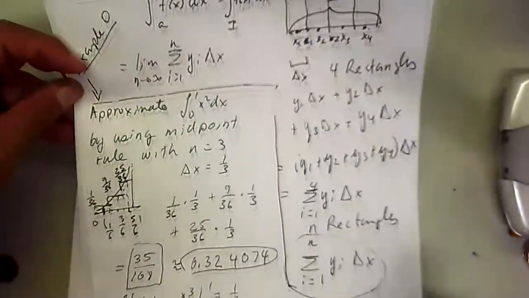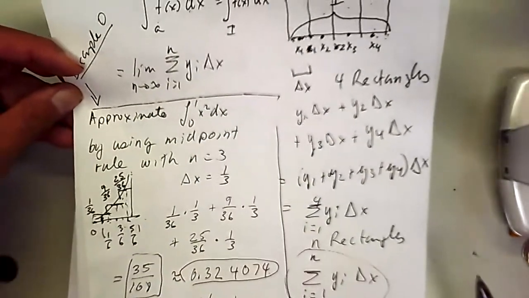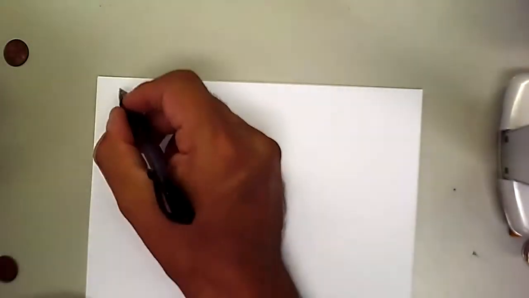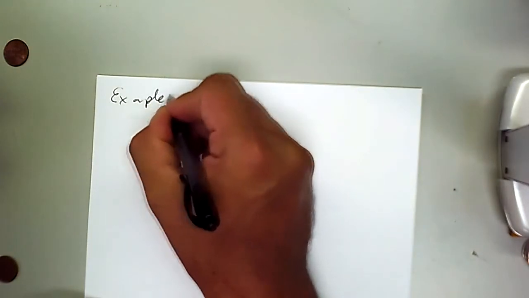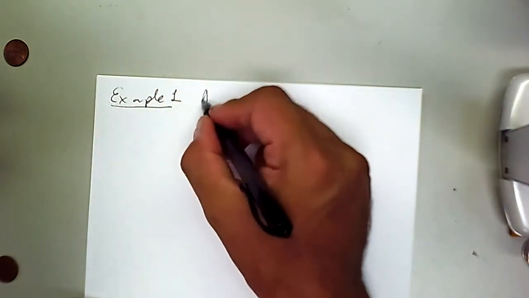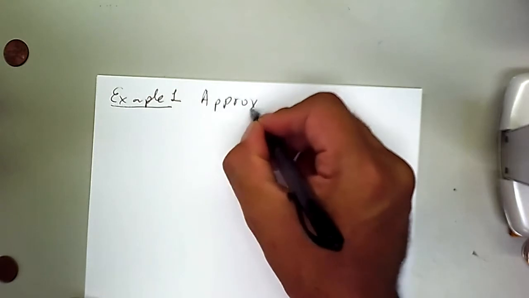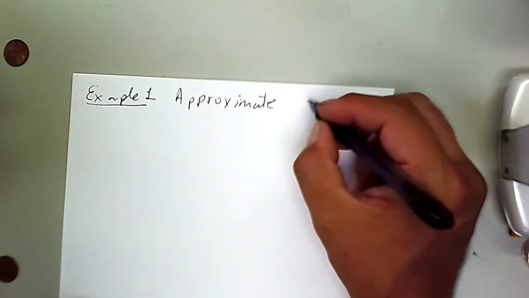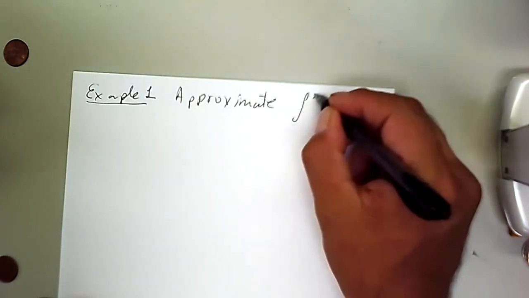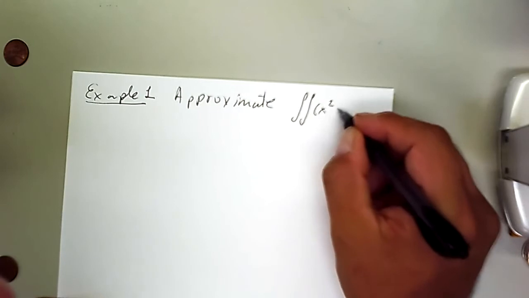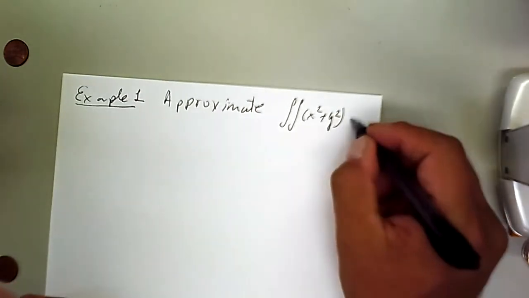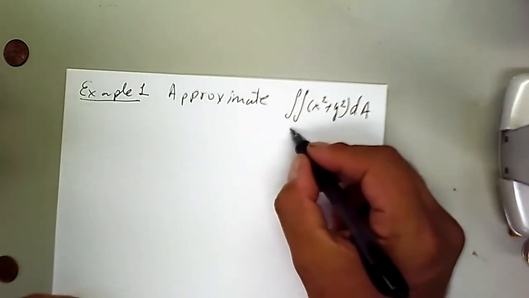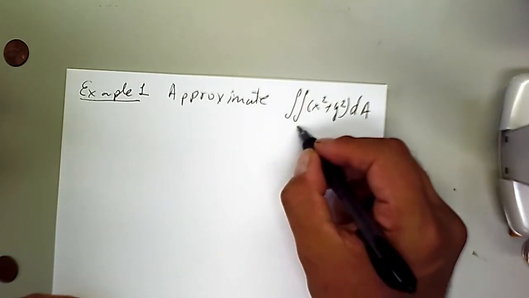Now, our example 0 was an approximation of this. We are going to do an approximation as an example 1. It is going to be an approximation of the double integral of x squared plus y squared with respect to the area over the region.